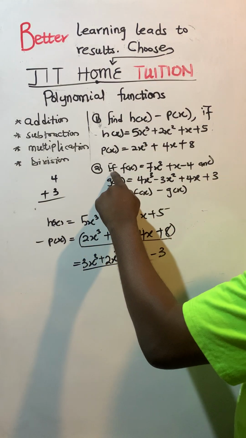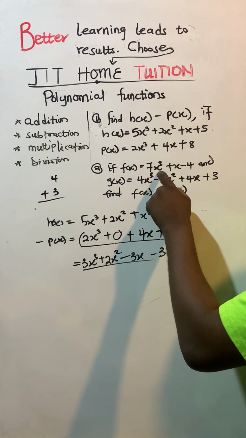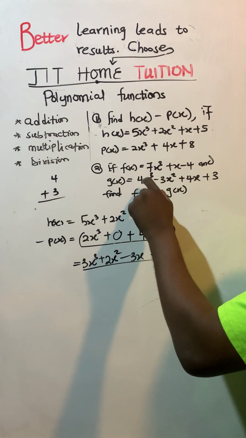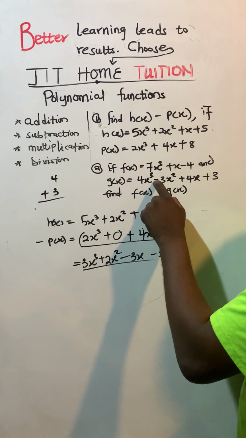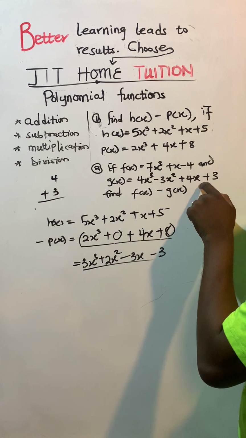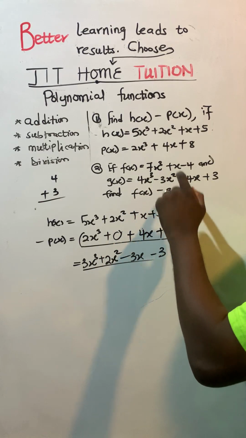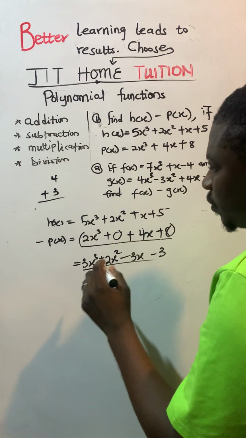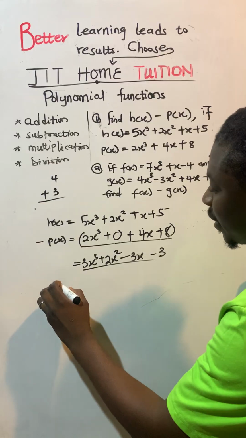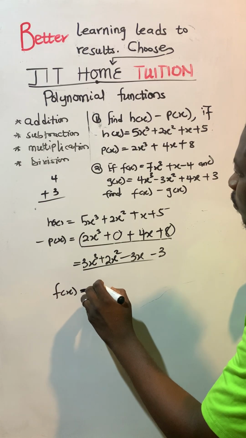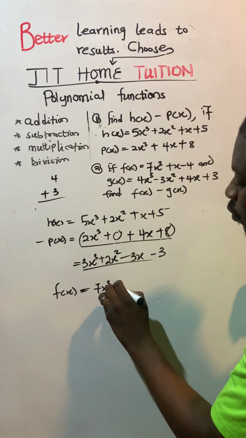It says that if f of x equal to 7x cubed plus x minus 4 and g of x is equal to 4x cubed minus 3x squared plus 4x plus 3. Find f of x minus g of x. All right. So now let's look at it. So you have f of x equal to, that is 7x cubed.